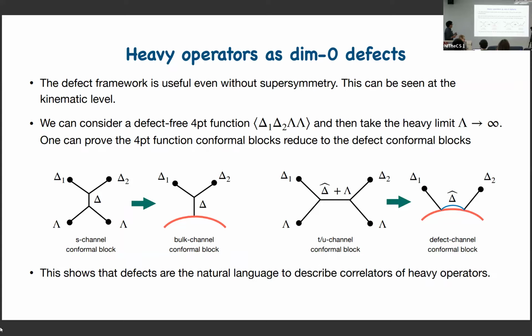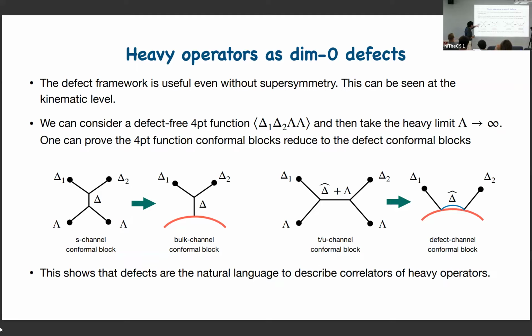The observation is as follows. Let's look at some defect-free 4-point function, where the two light operators have some finite dimensions delta 1, delta 2, and there are two other operators with large dimension lambda, which we want to take to infinity. Now let's look at the conformal blocks.